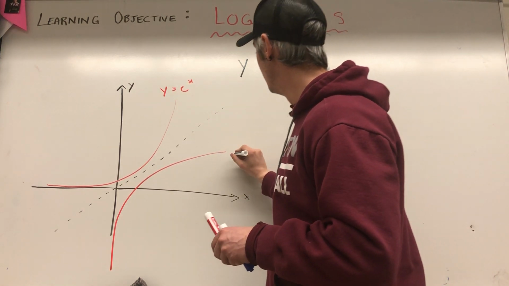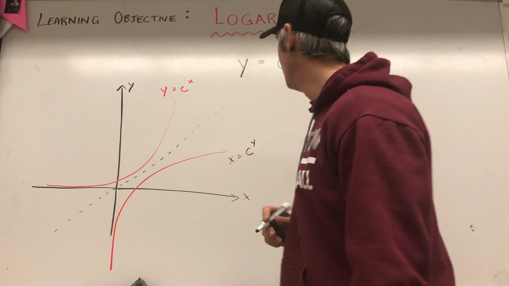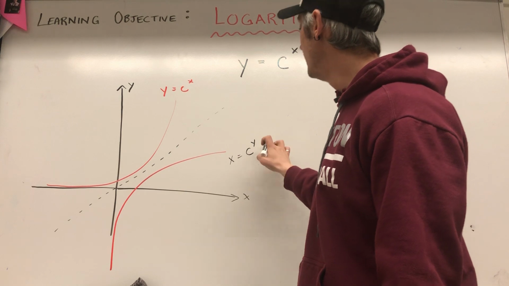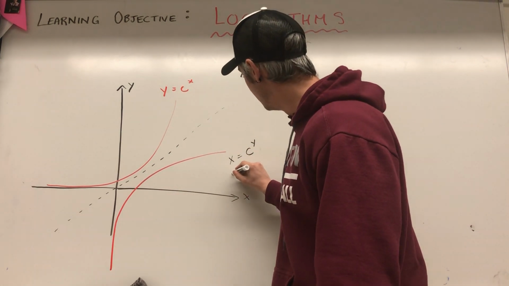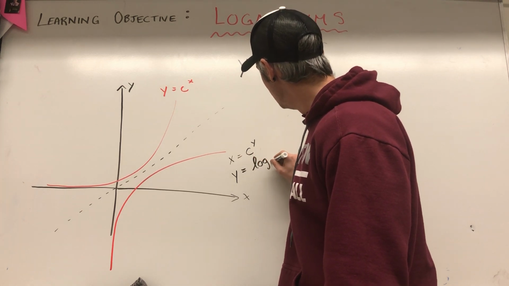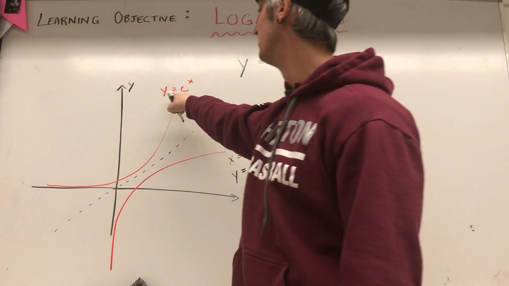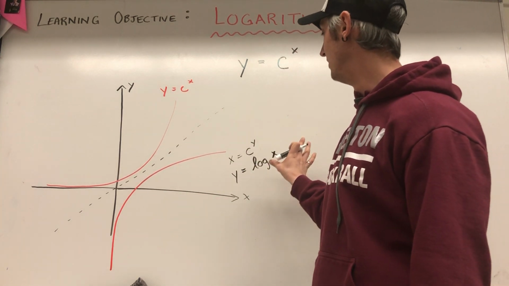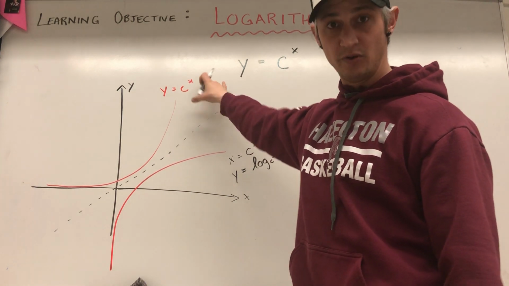So then this would be the graph of x is equal to c to the y. But we can rewrite this. If we solve for y, we get into logarithms, and we can rewrite this as y is equal to the log base c of x. Okay? These are the same thing, but this is in my y equals form. So my logarithm is the inverse of my exponent function.